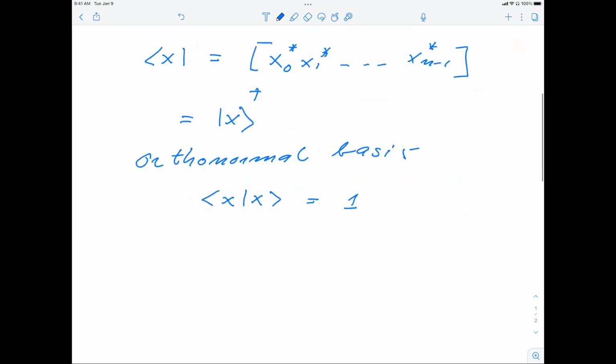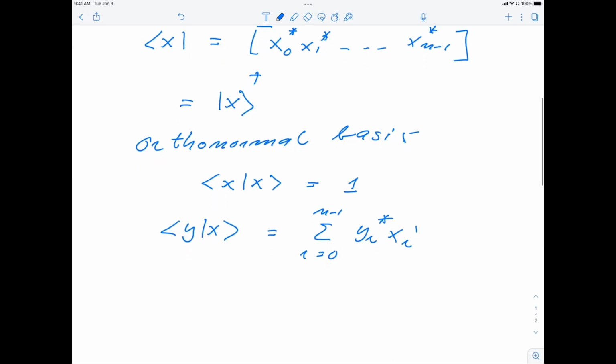If I have another vector where I take y times x, this is the same as multiplying the vector y with x, and this is something which we would write out as a sum over i from 0 to n minus 1 of y_i complex conjugate multiplied with x_i. I hope I am not offending you with some of these basic definitions.